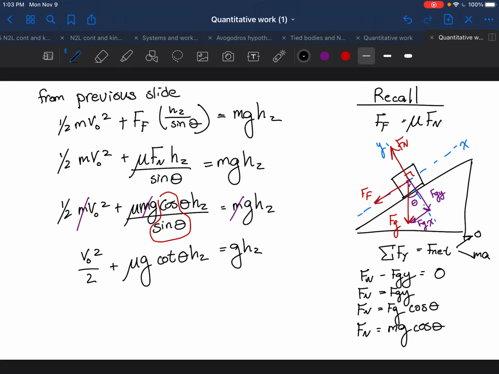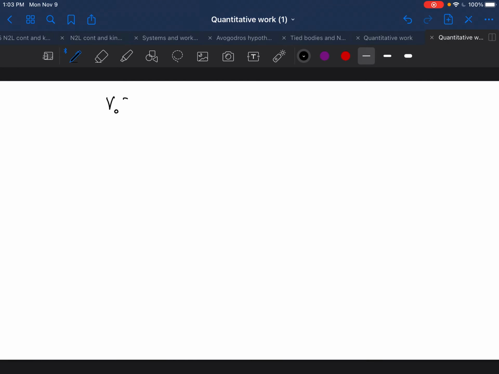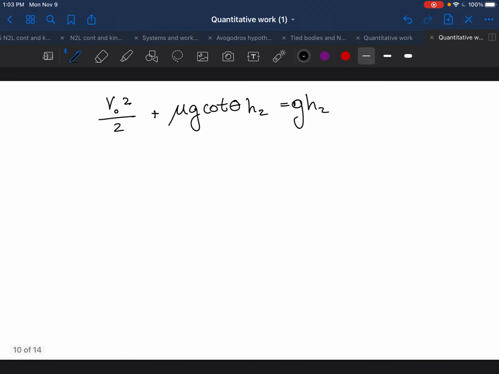Okay, so now this looks like it's getting a little more reasonable to deal with. To make sure I have enough room, I'm going to go over one slide. So let's see, v0 squared over 2 plus mu g cotangent of theta h2 equals g h2. Is that correct? All right.